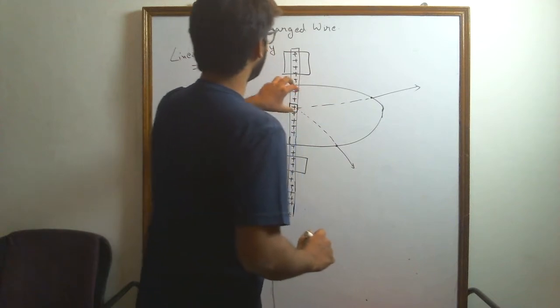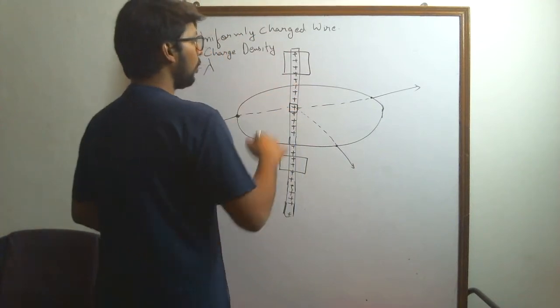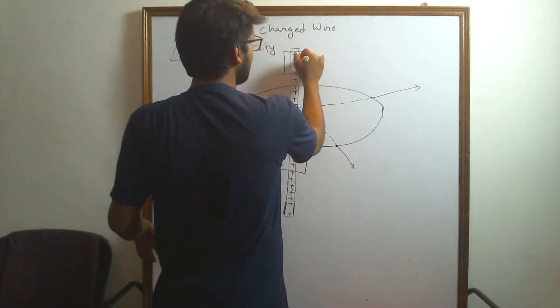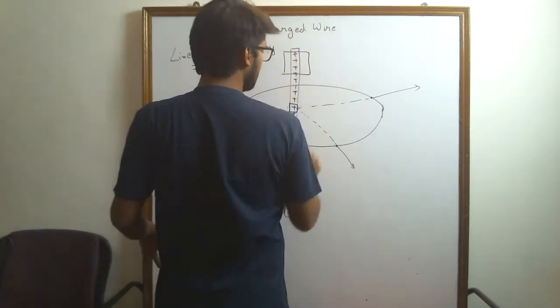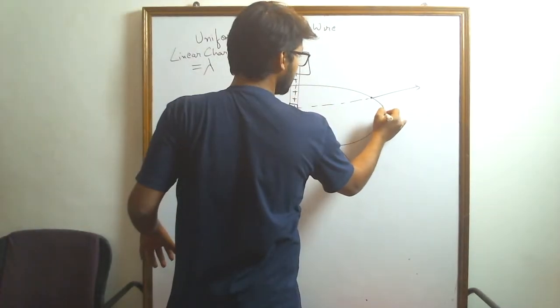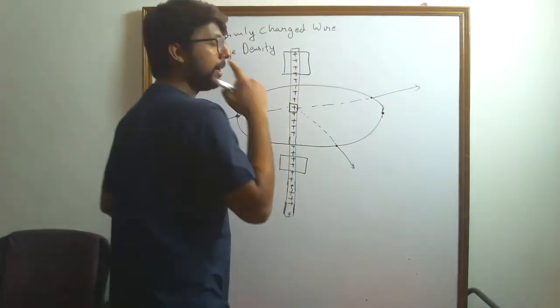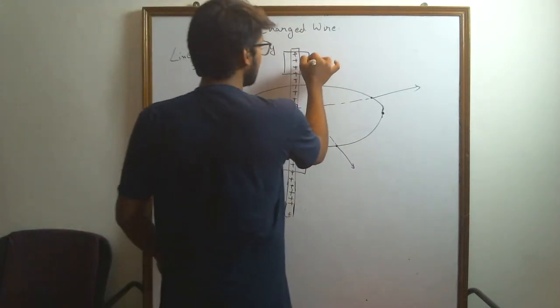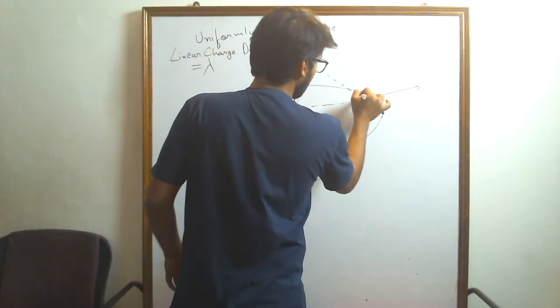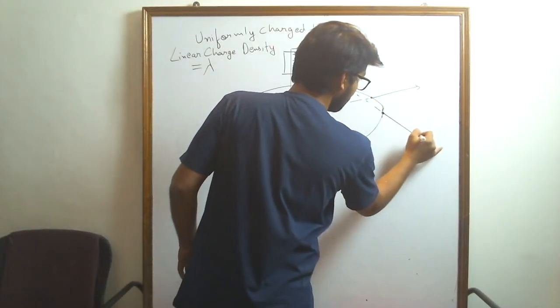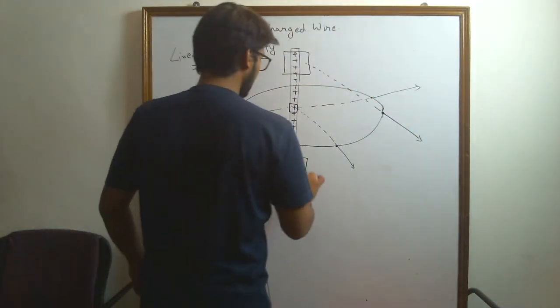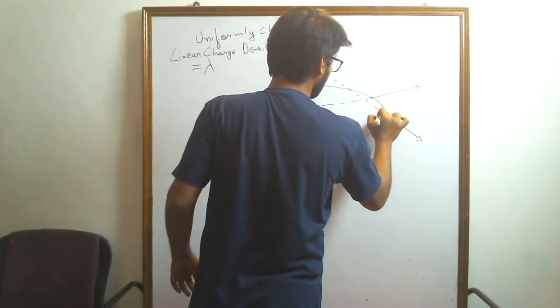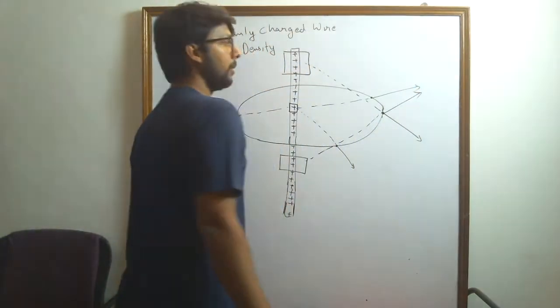Both of them are equidistant from this point, and what happens now is, if I take the effect of these two at a certain point on this radial circle in the plane of this charge, this part is going to push it this way and this part is going to push it this way, right?